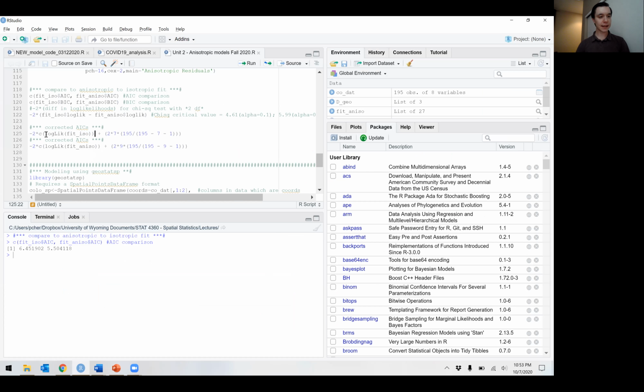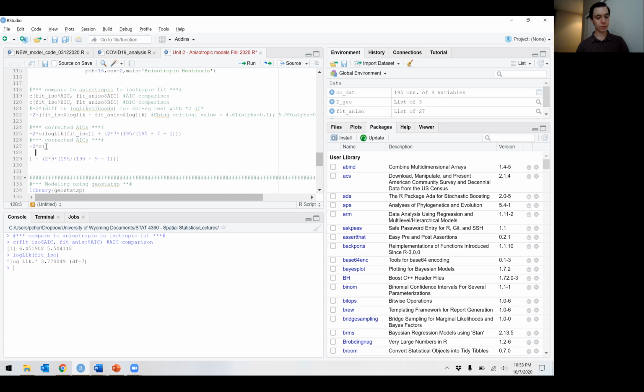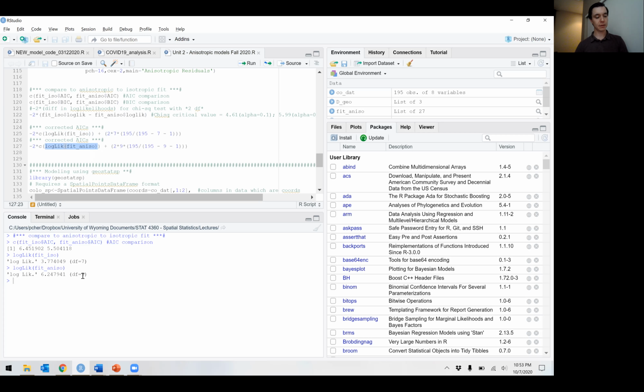So let's see what this log likelihood actually produces. It reminds us that we estimated 7 parameters, and here is my log likelihood. The anisotropic model estimates 2 more parameters. Yep, so it estimates 9 parameters, and there is my bigger log likelihood.